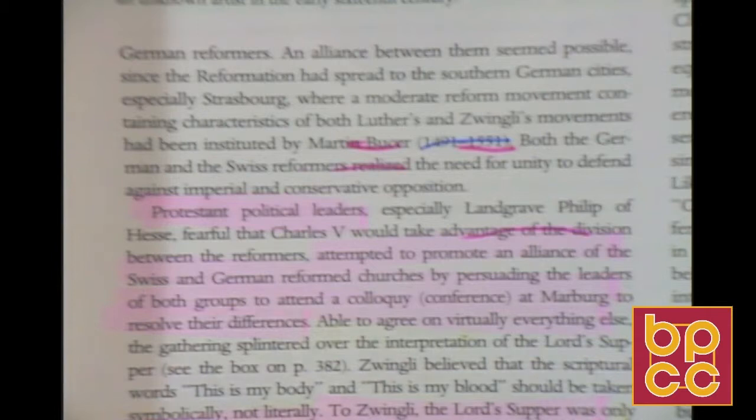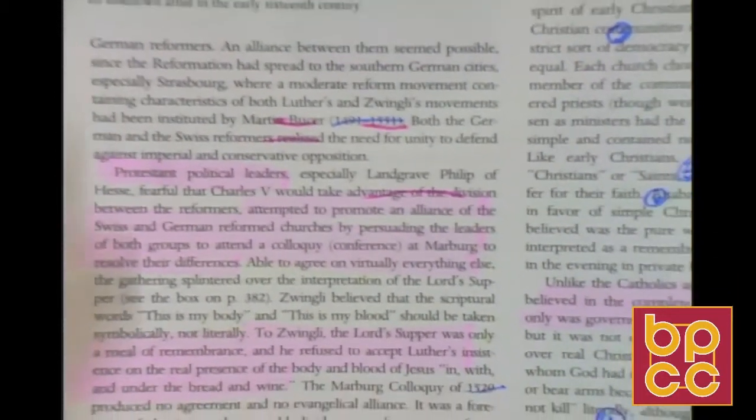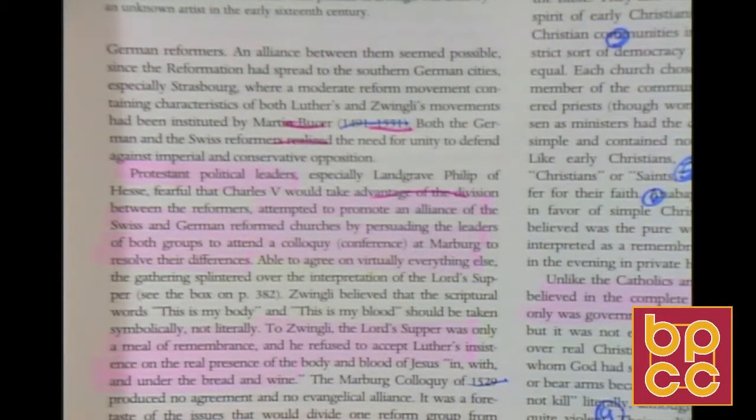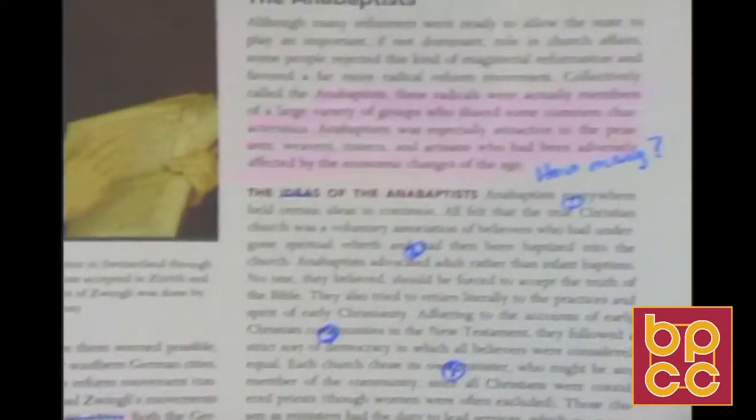And then down here, here's in the Marburg colloquy, what seemed to be, as I read through, what I seem to think was an important factor in their discussion was whether or not the Lord's Supper represented the actual presence of the body of blood of Christ. So that is actually what the argument was about. So I'm thinking that sounds like a test question to me, so I'm going to go ahead and highlight that.